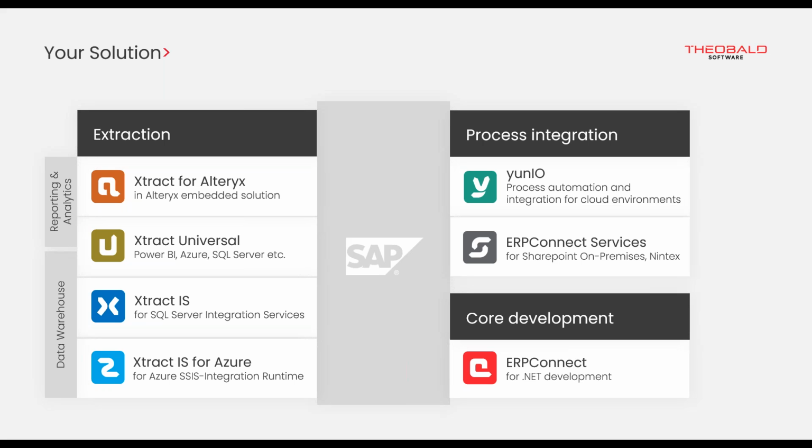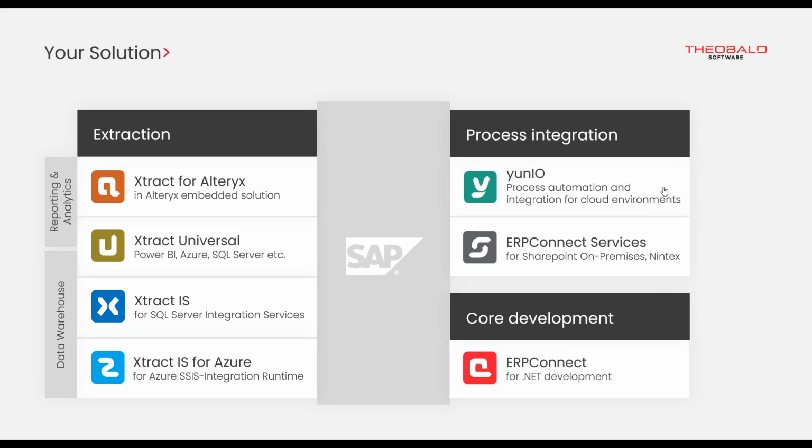We also support Microsoft's integration services through our products Xtract IS and Xtract IS for Azure. And we have a specialized solution for Alteryx users. Today, we will be looking at Xtract Universal. This is our general purpose tool to extract SAP data and then provision that data into all kinds of environments, including Power BI.